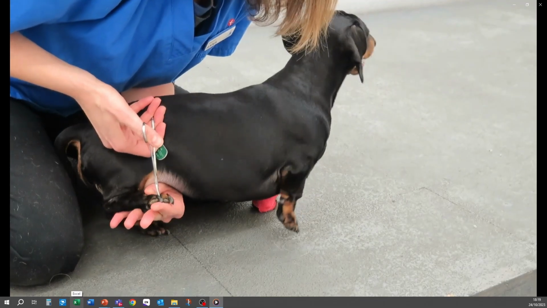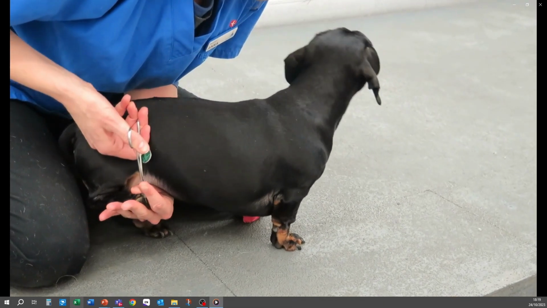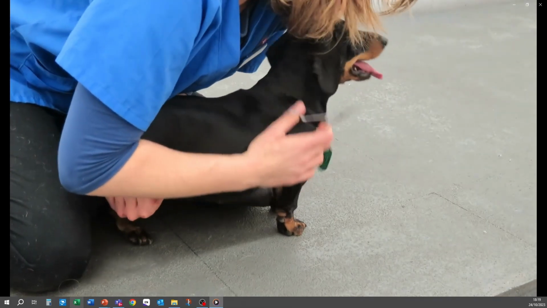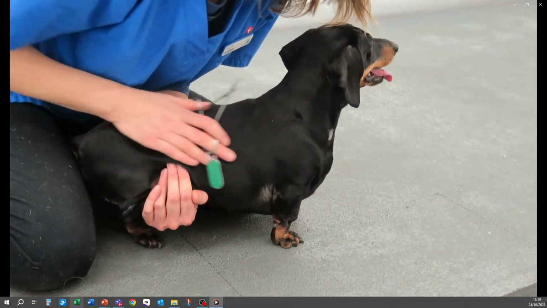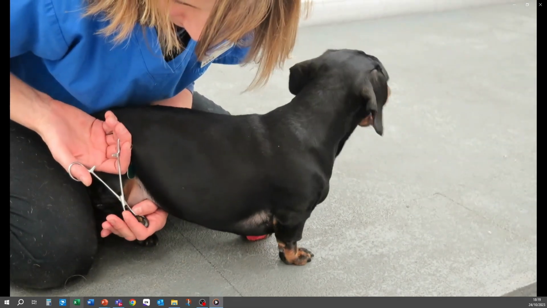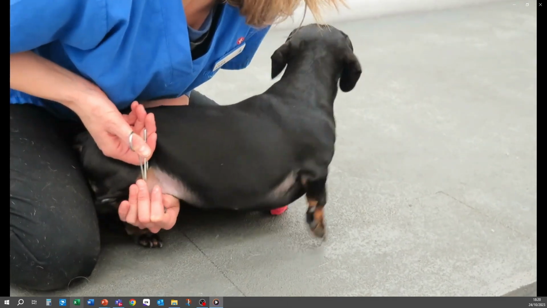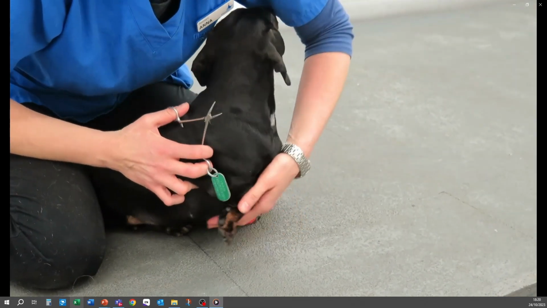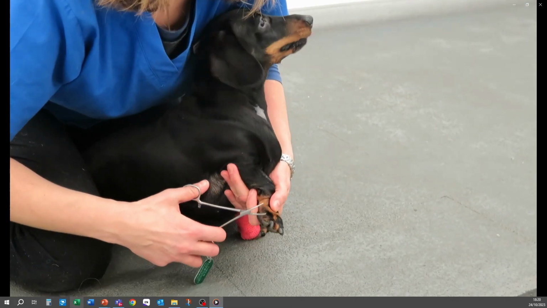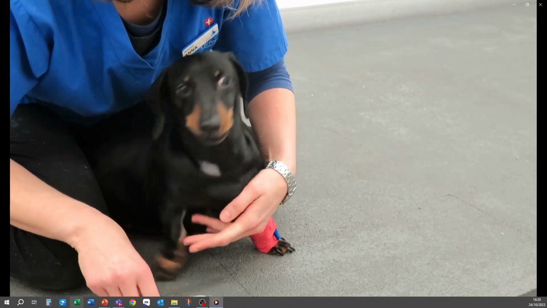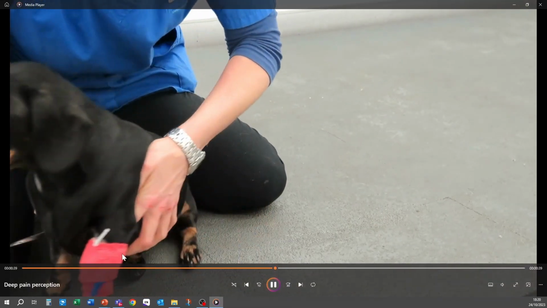And so it's important to assess them all so that you can monitor a change and also detect slightly good signs, which is obviously you want to be able to give good news to the owners. So again, you see here the dog is really, although a bit agitated and stressed, not that bothered. We compare it to the forelimb. There it instantly looks round and looks down to the foot.